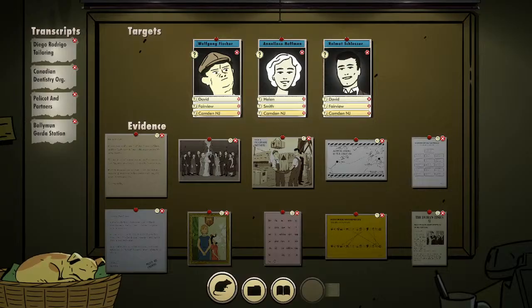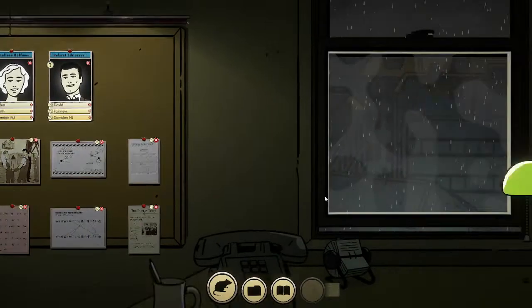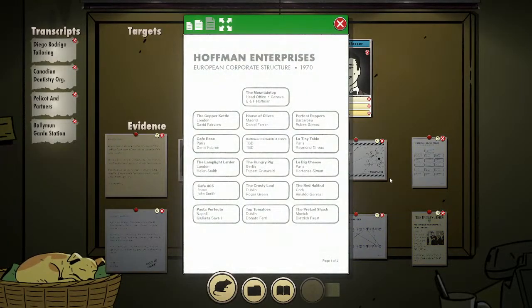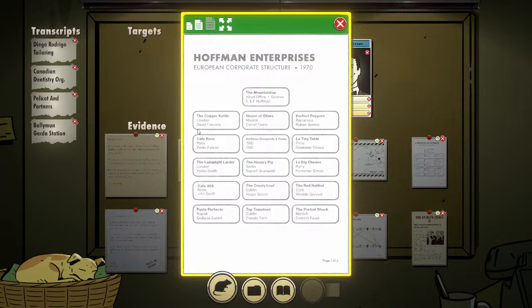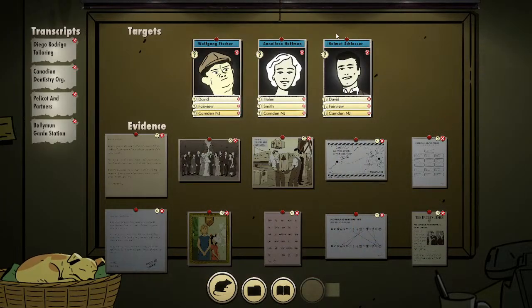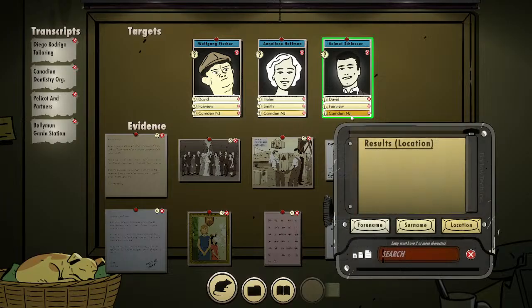David Fairview? What did we say about David Fairview on here? He was in the Copper Kettle. And where did the Copper Kettle go? He didn't end up where his business was, so he was in... David Fairview... He did die in Dublin.